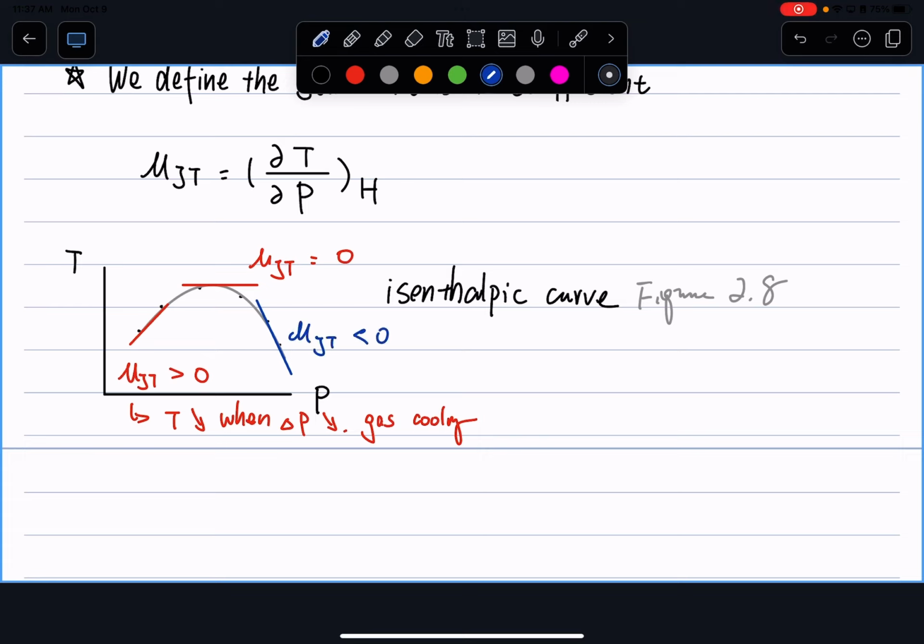And like what we did with the Joule coefficient, we can also use the Joule-Thomson coefficient, which is something you can measure experimentally, to find relationships that you normally cannot. For example, how is your enthalpy changing with respect to pressure at constant temperature?